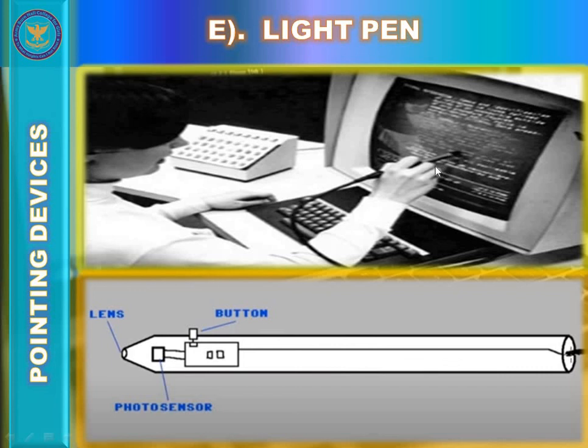So the light pen takes this input through the photoelectric cells, and then this pen sends the collected data as an input to the computer.